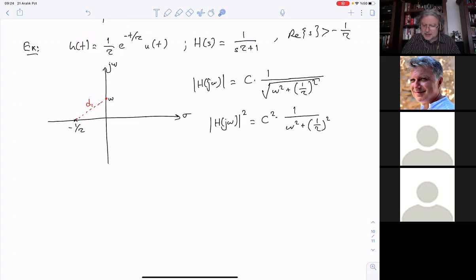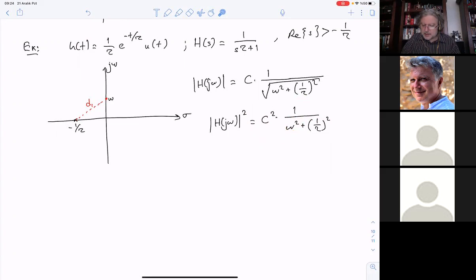I can see that it is essentially a low pass filter because omega, the magnitude of omega or omega square, is in the denominator. And this whole expression becomes maximum, the largest, when omega is equal to 0.